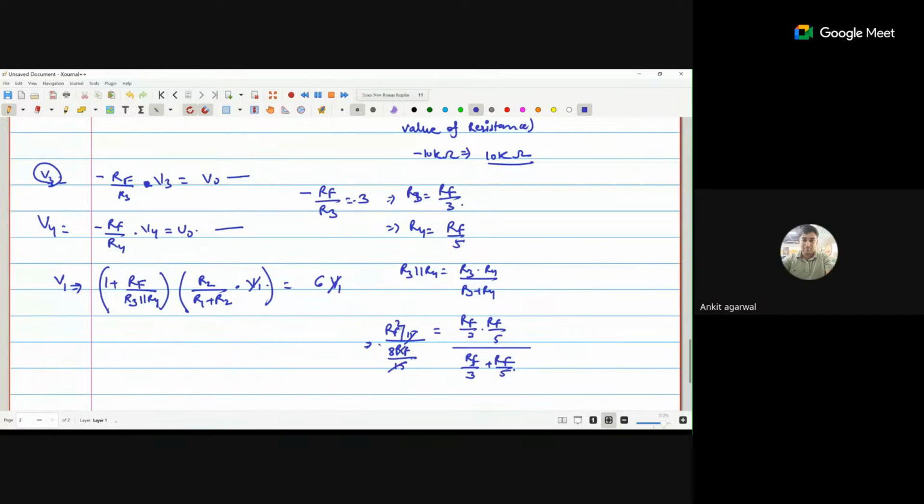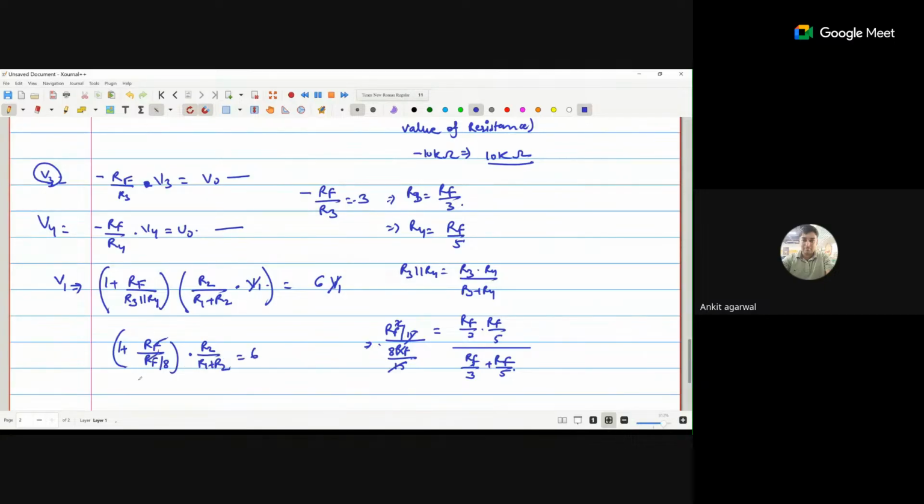The 15 cancels out, so RF by 8. So 1 plus RF upon RF by 8 times R2 upon R1 plus R2 is equal to 6.